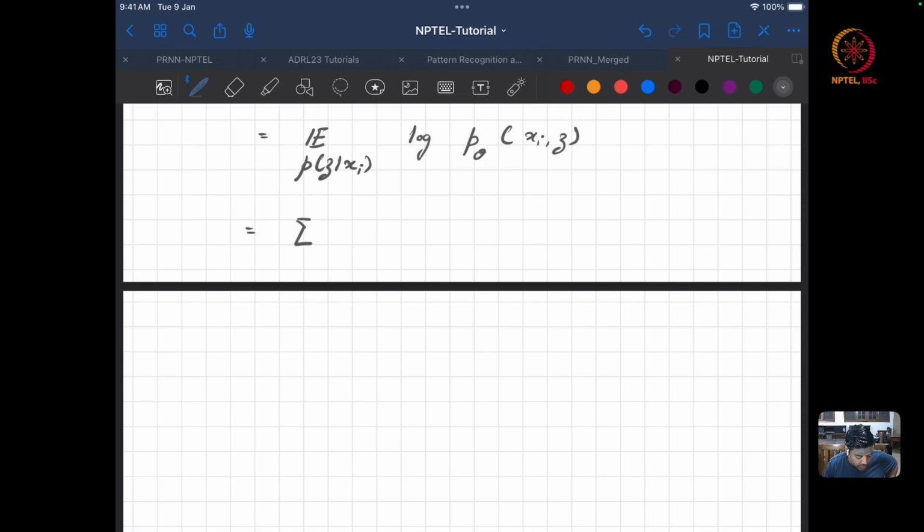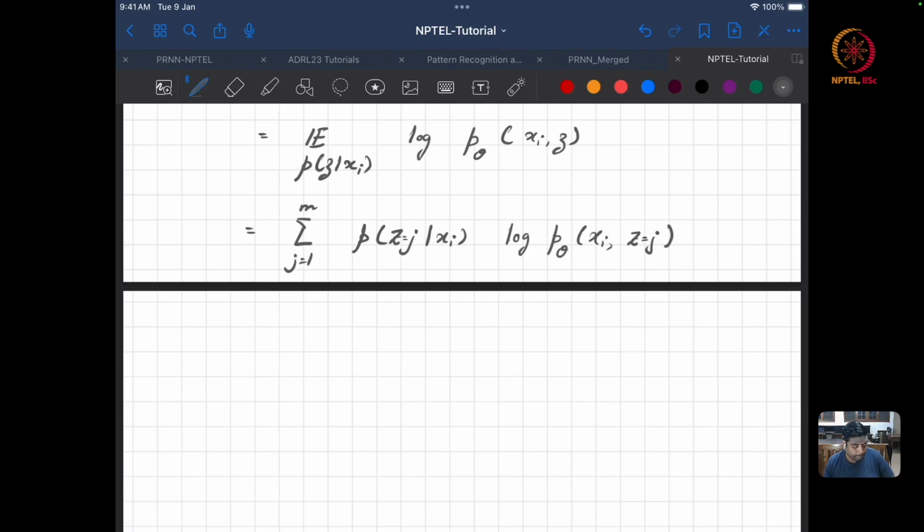This is a summation over j equals 1 to m of the probability that z takes the value j for a given xi, times log of p theta of xi comma z equals j.